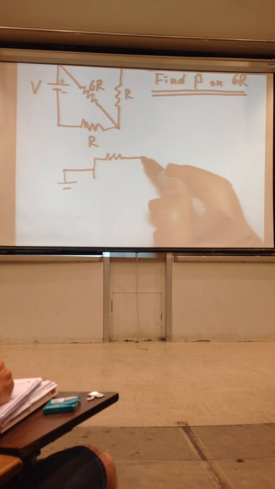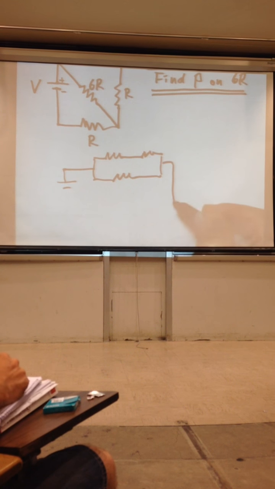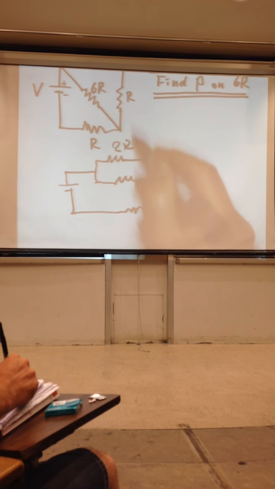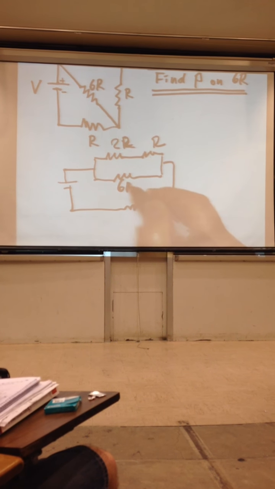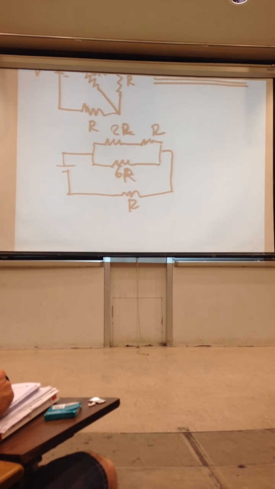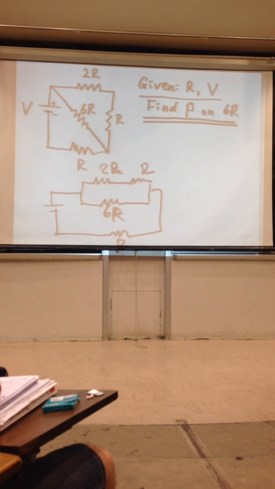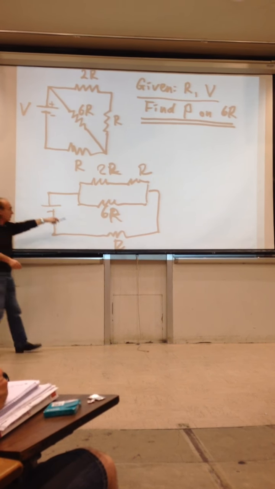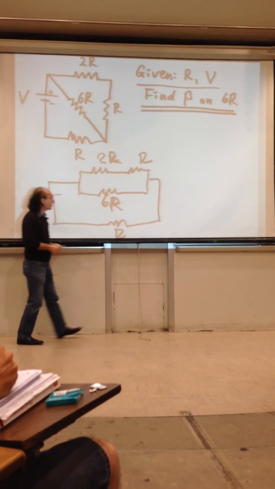This is the 2R, this is the R, and this is that 6R. This is the same circuit, because 6R is in parallel with the 2R and R, which are in series relative to each other. And this is one unit, and this is the other unit.